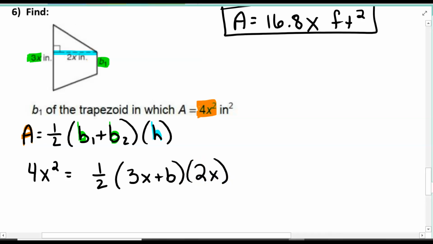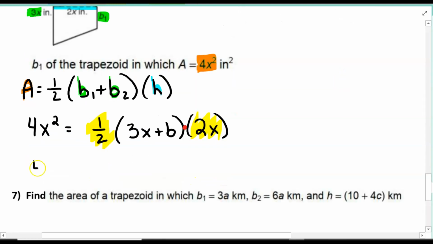Just like in the other problem, remember if all of this is getting multiplied together, I can multiply any two pieces. So I can look to combine that 1/2 and that 2x to simplify things a little bit quicker. So I have 4x squared is equal to this times this, which just gives me x. So I have x times 3x plus b.